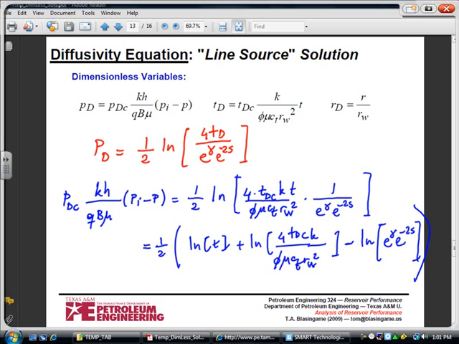Well, just keep it as TDC, then you will insert it. I mean, it's 0.0002637. I should write down that. Yeah, according to the field units.